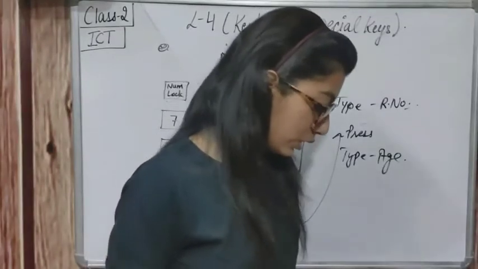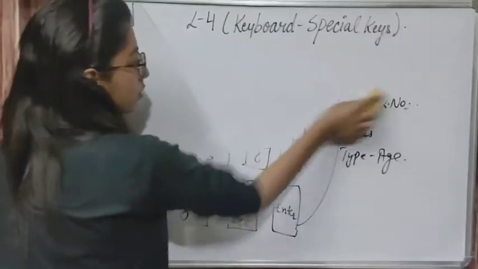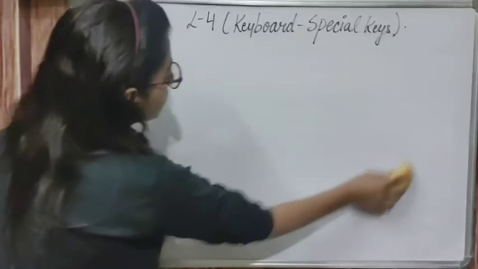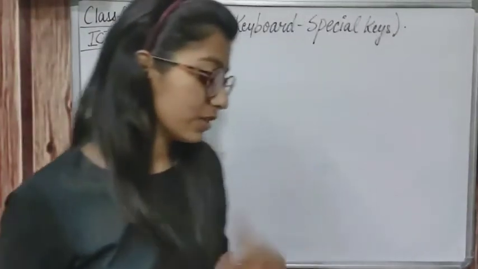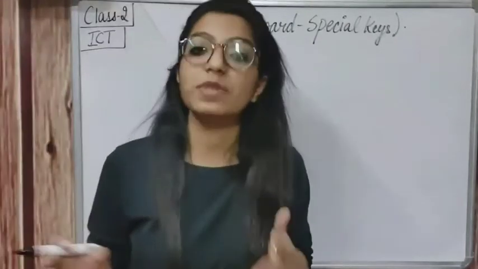Then I am talking here about special keys. See, some special keys are given on the computer. These keys have different symbols on them. Different symbols जो भी keys पे होंगे वो होंगे special keys.